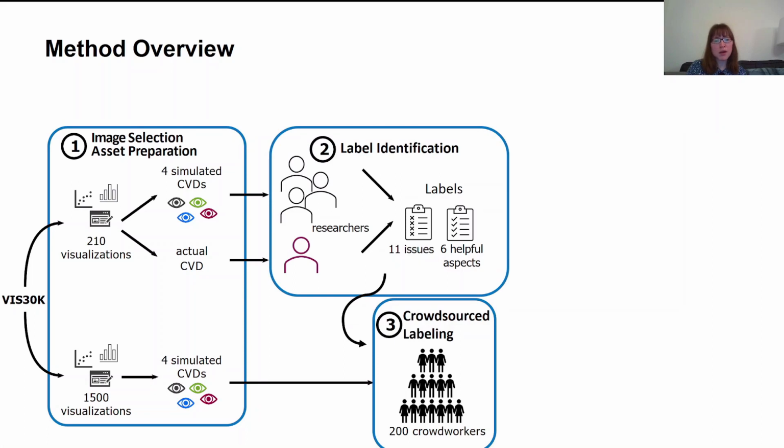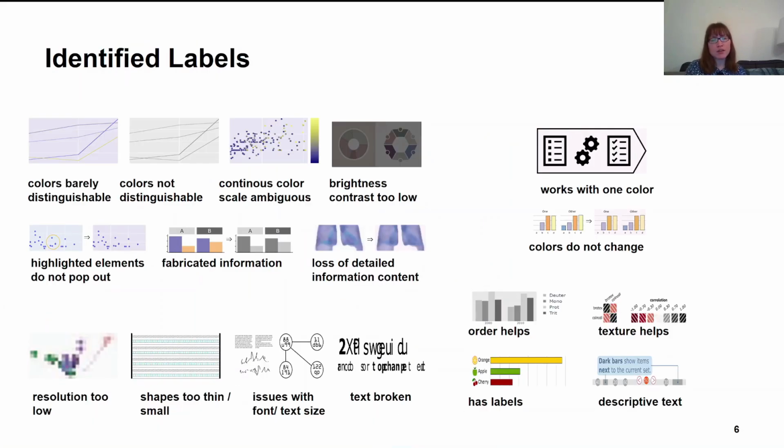Finally, 200 crowdworkers on Amazon Mechanical Turk annotated those images with respect to labels we previously identified. Each image was rated multiple times by different crowdworkers. Let's have a look at our identified labels.